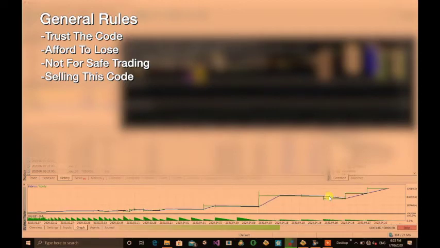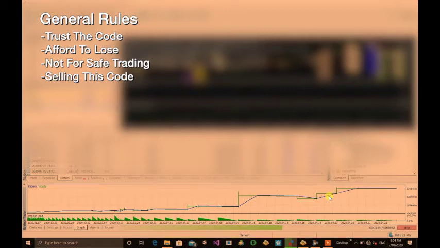Third thing I want to talk about, this auto trader is not for safe trading. What does that mean? Of course, you will hear me sometimes say playing. I keep on saying playing. I know this is trading, but at the same time it's playing. It's like playing games, because you don't know what will happen.